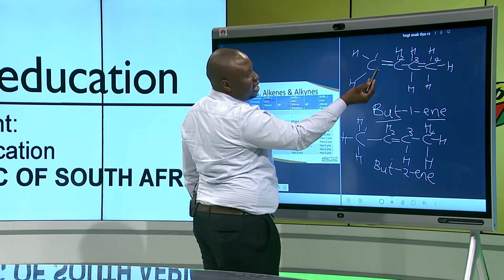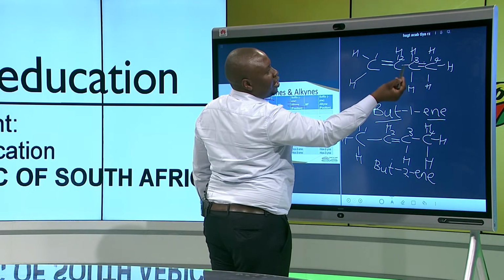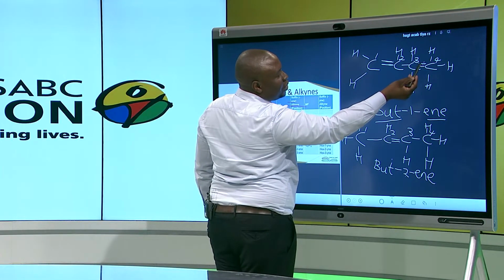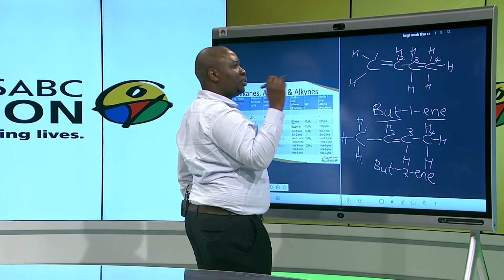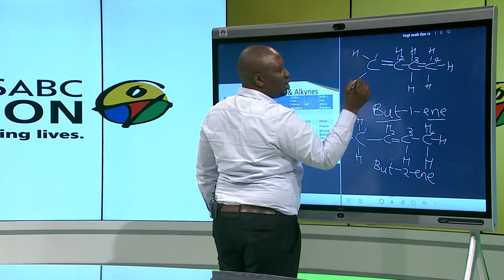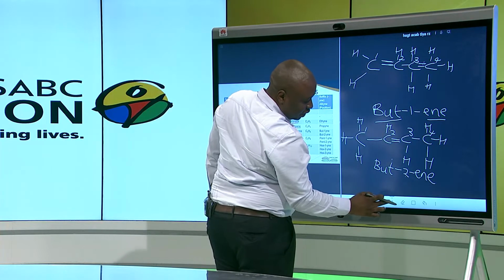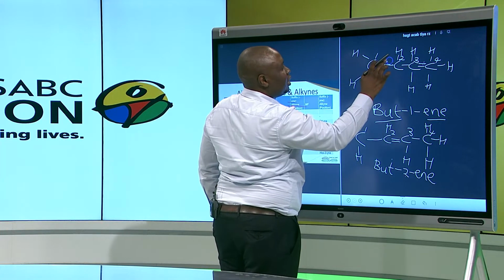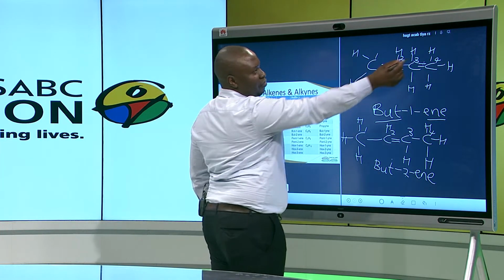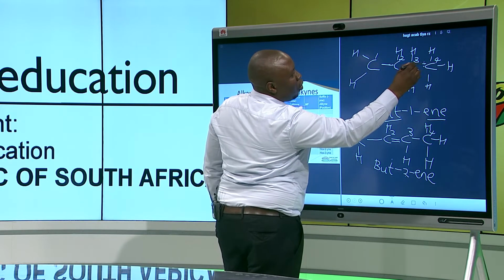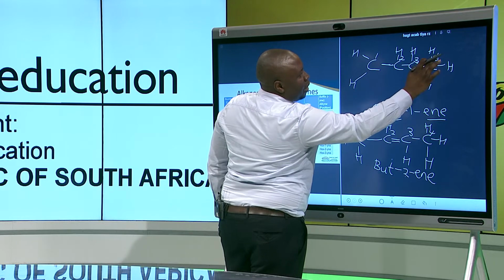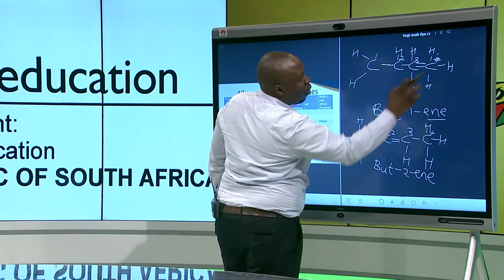So you can't say but-3-ene or but-4-ene. When you start numbering from that side, it simply means the numbering changes. You will number from the side where there is a double bond, so we'll say this is carbon number 1.